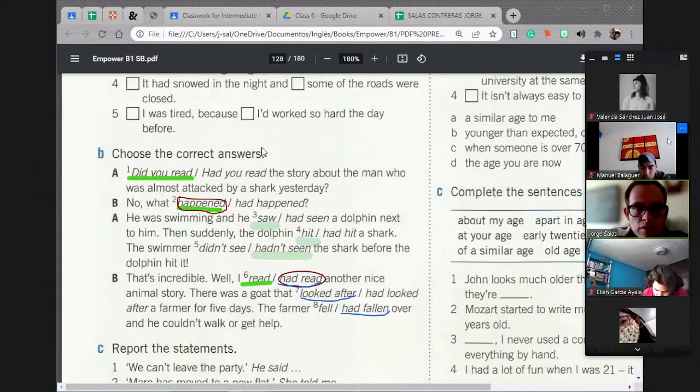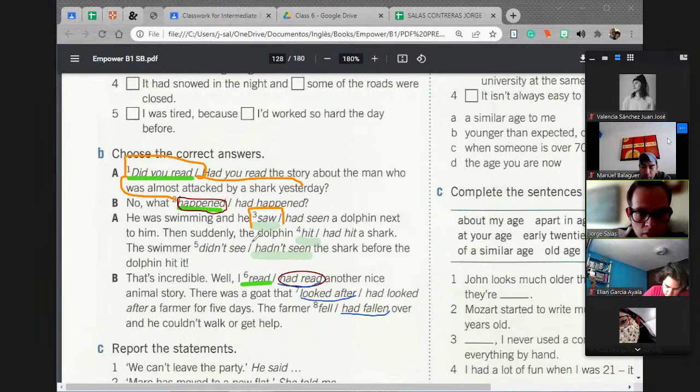Okay, did you read? What is your key right here? The first time that we mention this, and also we have yesterday, a time expression. If my question is in past simple, it should follow the same. He was swimming and he saw.